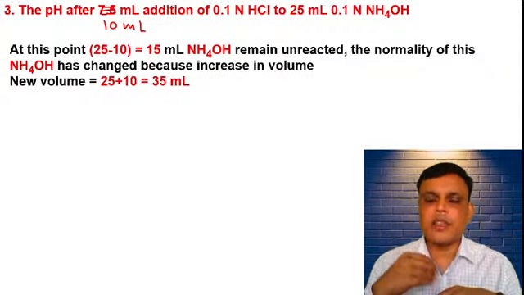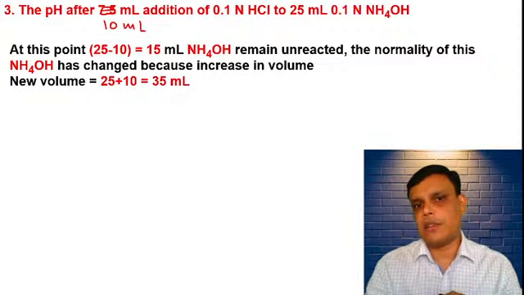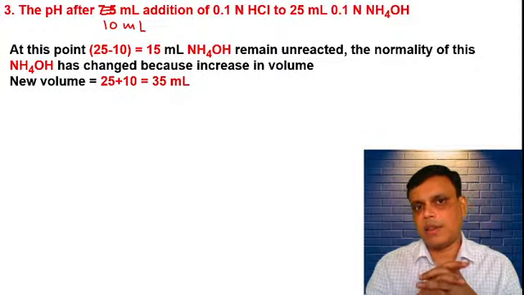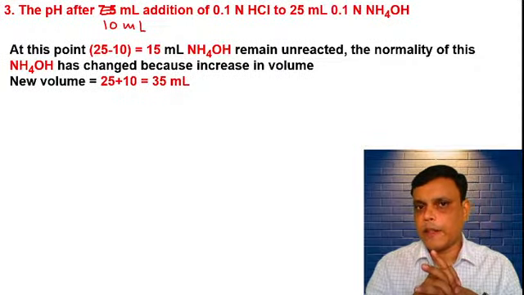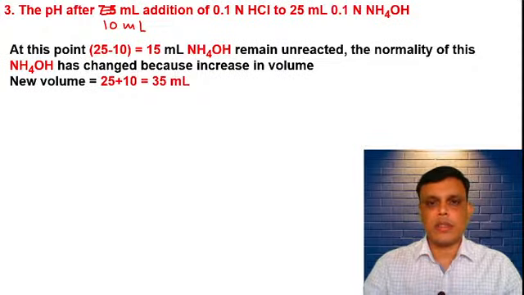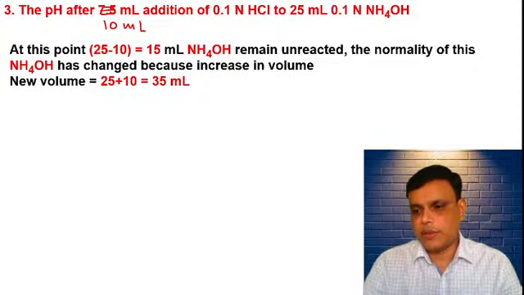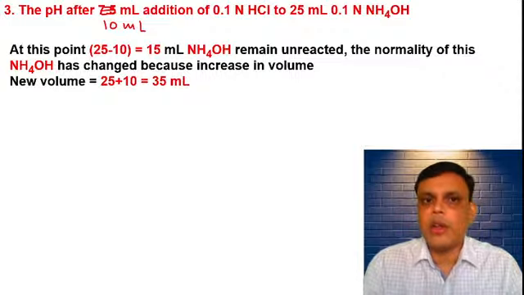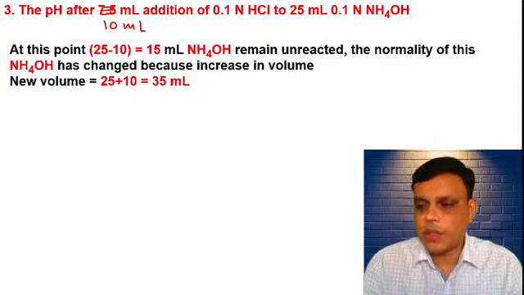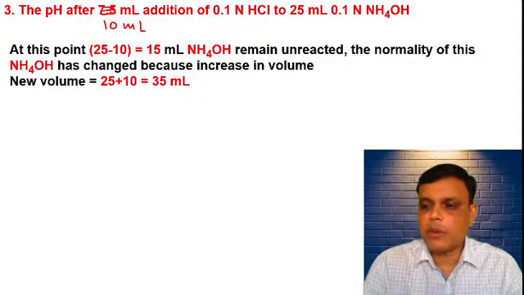So due to the increase in volume, the concentration of that NaOH will change, and we can calculate the concentration of NaOH in the new volume. How will you calculate the new normality? Which equation you have to use? कौन सा इक्वेशन आप लोग यूज करोगे?